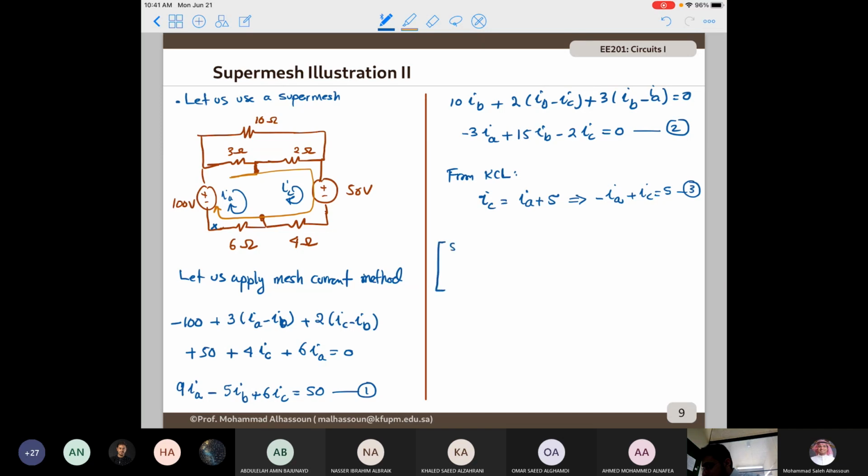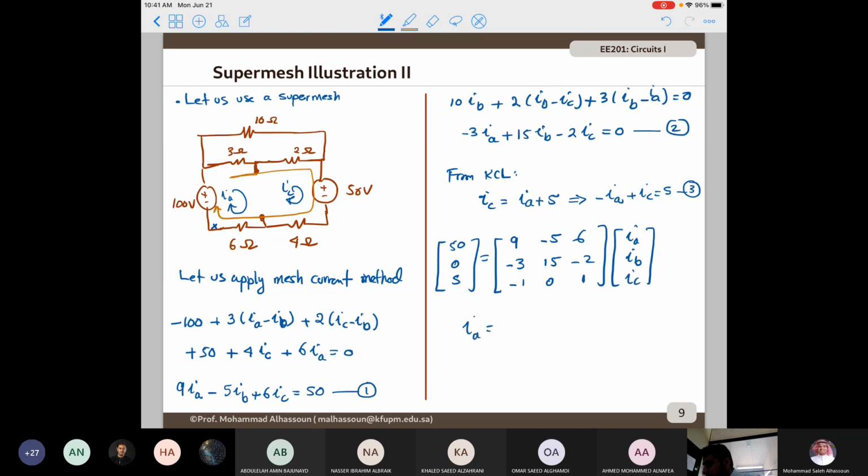And I can do that: the matrix with rows 9, minus 5, 6; minus 3, 15, minus 2; minus 1, 0, 1, times IA, IB, IC, equals 50, 0, 5.